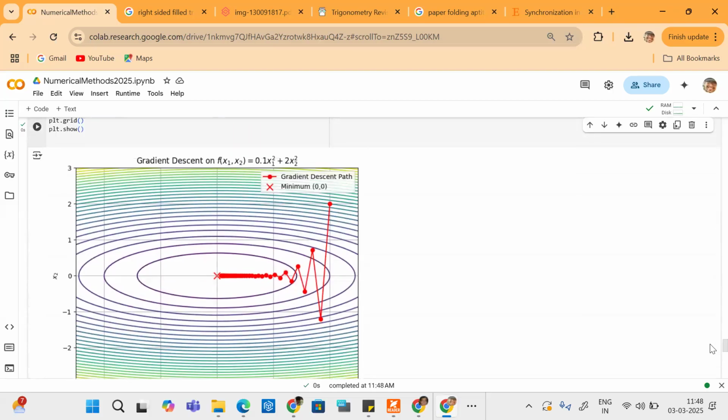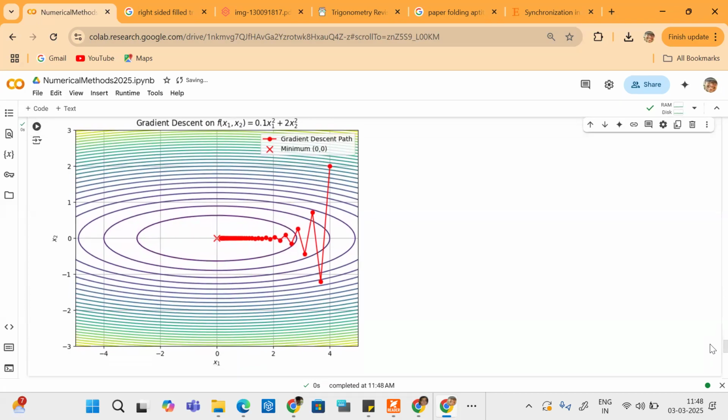No. At 40, it has reached very close to 0, 0, but it has not converged to 0, 0. So at 40 iterations, we can say gradient descent did not converge yet, which is a drawback. I did not show it, but maybe next class I can show you how using momentum we can converge much faster. Normal gradient descent converges very slowly in these 40 iterations. But when we use momentum, you will see how many iterations it takes and how much faster it can converge.